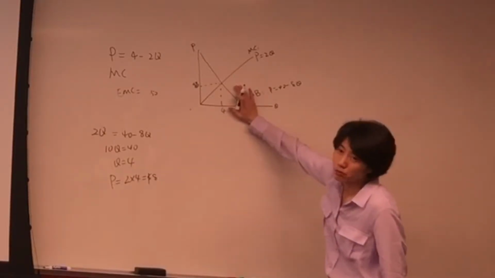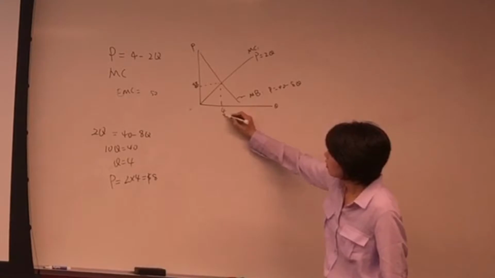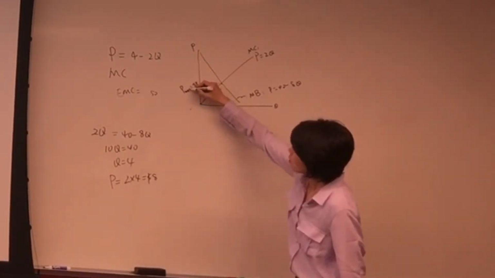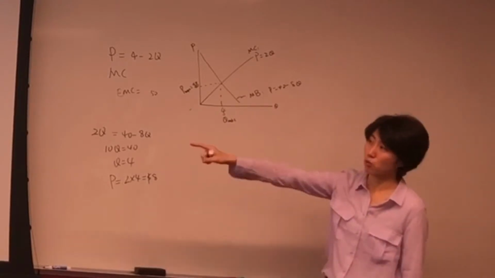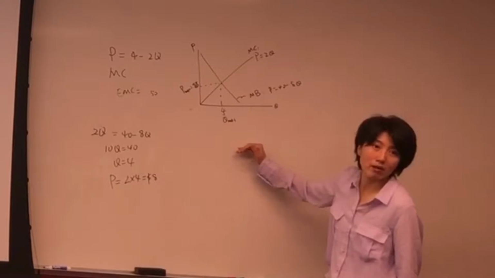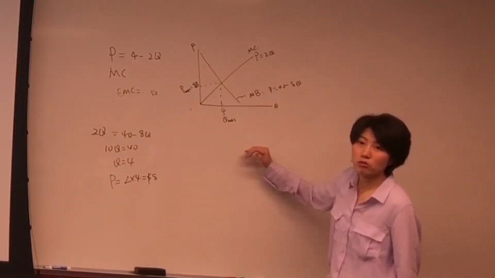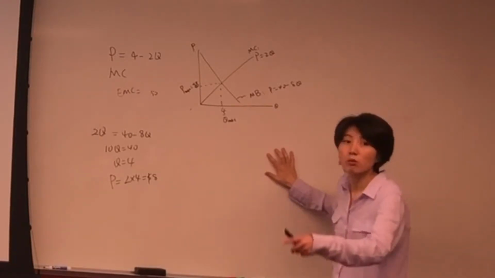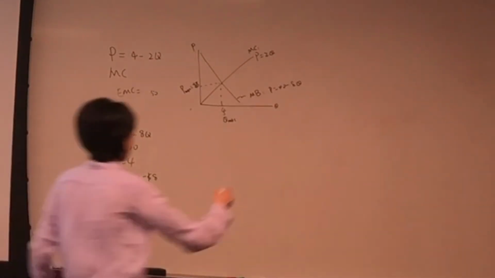It's an unregulated, free market, so that's Q market, P market. If we know the size of the external marginal cost, we know the cost effect. Is supply or demand affected by the external marginal cost? Supply.